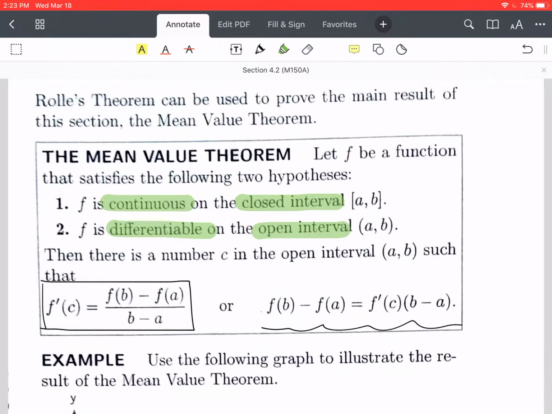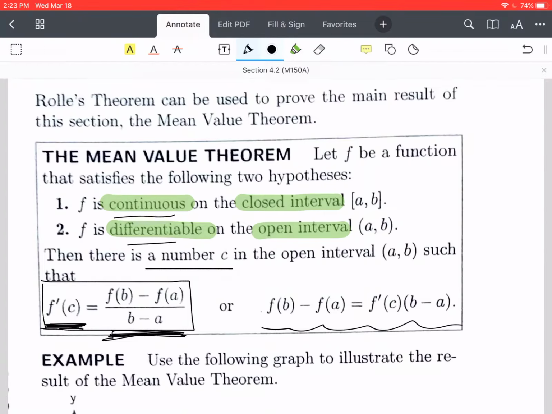But basically what this is saying is the instantaneous rate of change at c is equal to the average rate of change over the entire interval. So the mean value theorem states if we have continuity and differentiability, there must be some number on ab where the instantaneous rate of change is equal to the average rate of change.